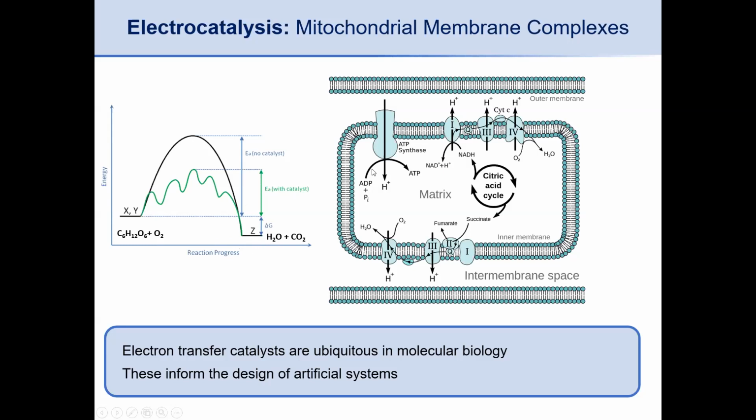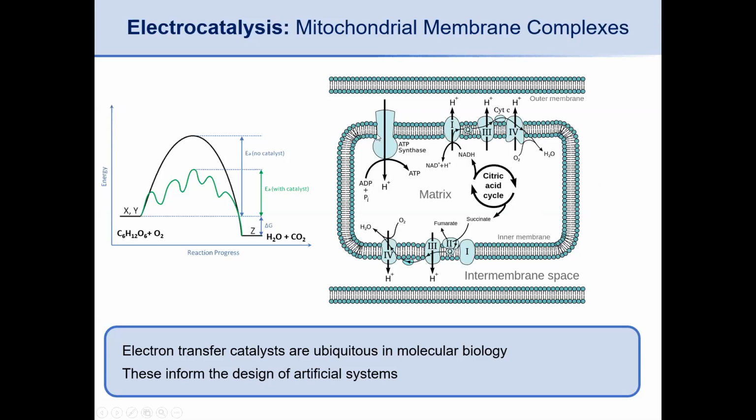So shown here on the right is what I'll be talking about in this review today, at least in general, not so much in depth. This is an example of the tail end of cellular respiration, in which we're taking glucose plus oxygen and converting it to water and CO2.